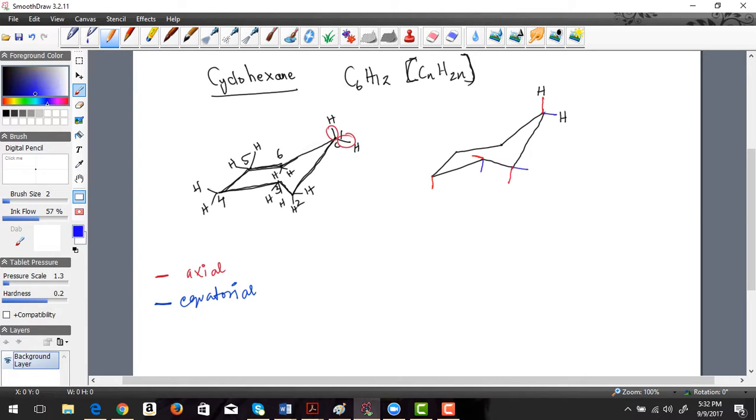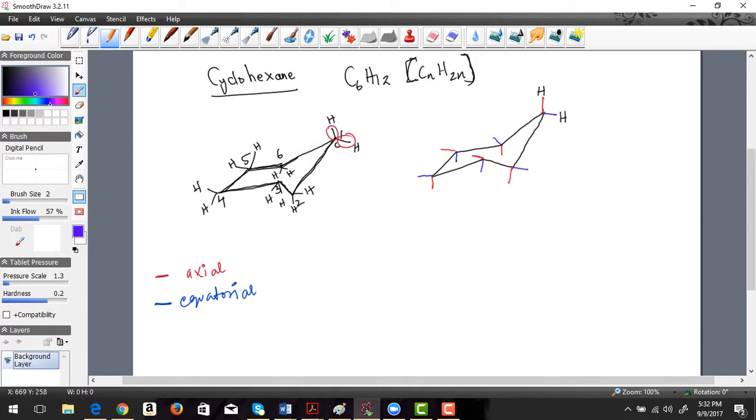And this is equatorial. Because this is axial, this has to be equatorial. Saying this out loud is just confusing. This is axial, and then this is equatorial, so that means this has to be axial and the other one has to be equatorial.